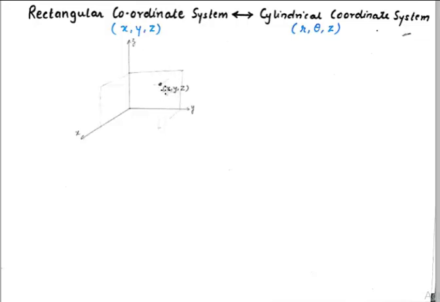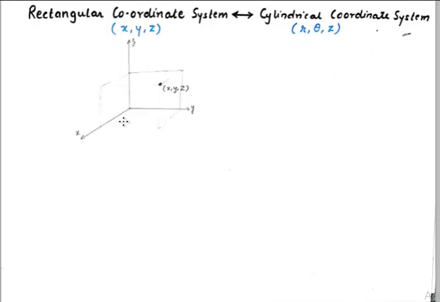So I'm taking up this point, for example x, y, z, in a rectangular coordinate system, and x will tell me the amount by which this point is away from the origin in the x direction, and the distance in the y axis will be given by the y coordinate, and the height, so as to say, will be given by the z coordinate.